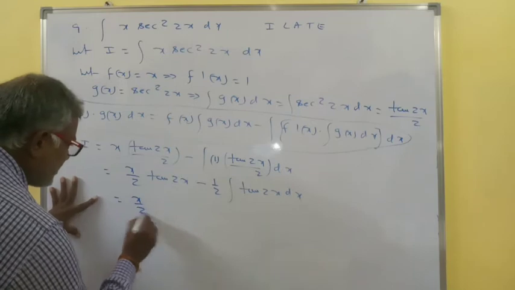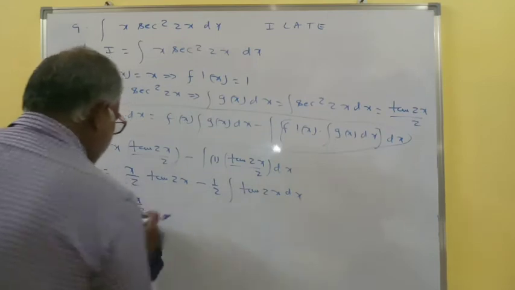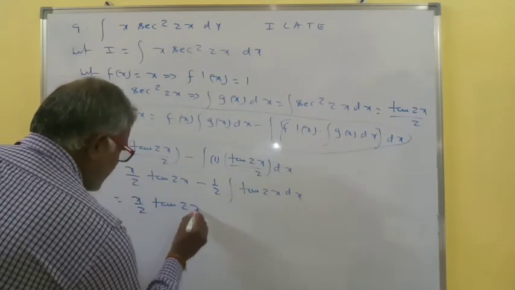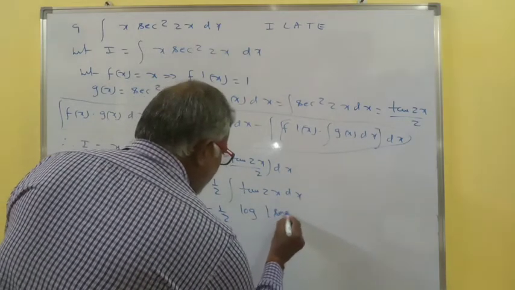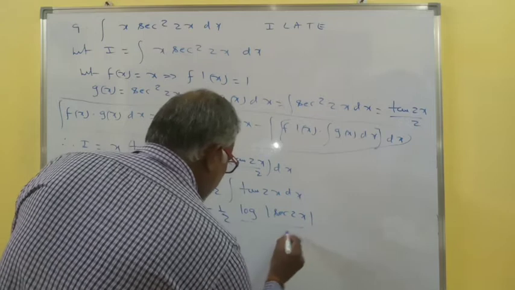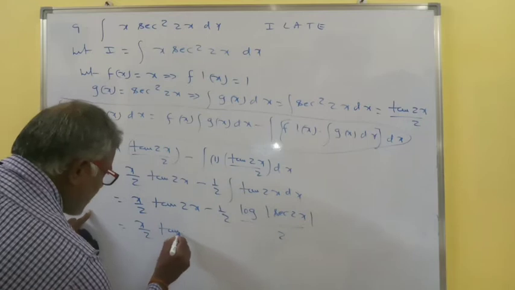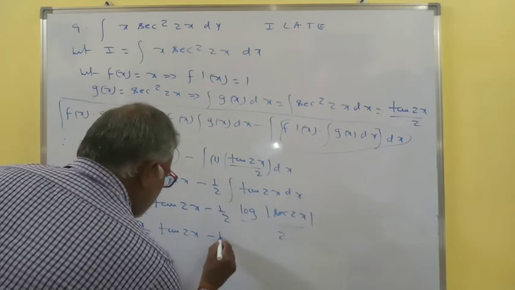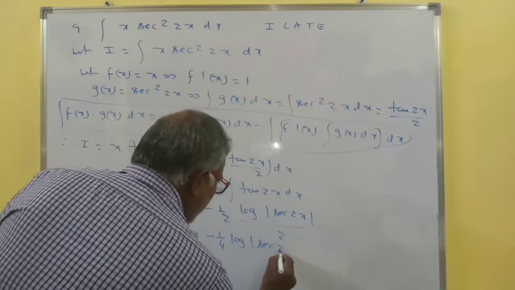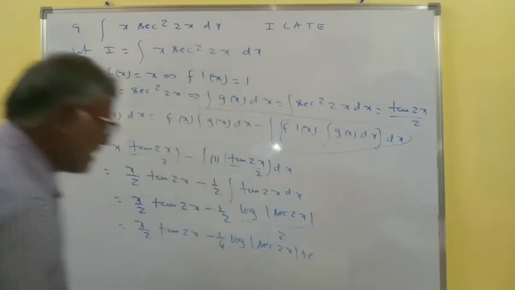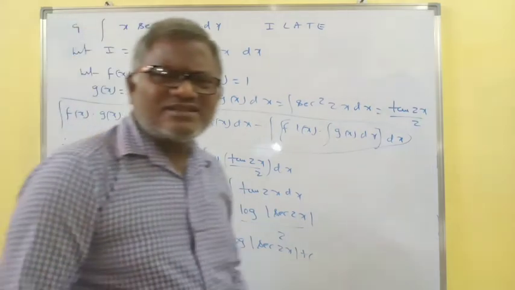So, x by 2 into tan 2x minus 1 by 2 into log of modulus secant 2x by 2. So the final one is x by 2 tan 2x minus 1 by 4 log of modulus secant 2x plus c. This is the solution for this problem.